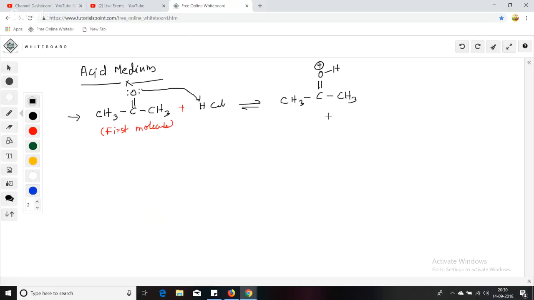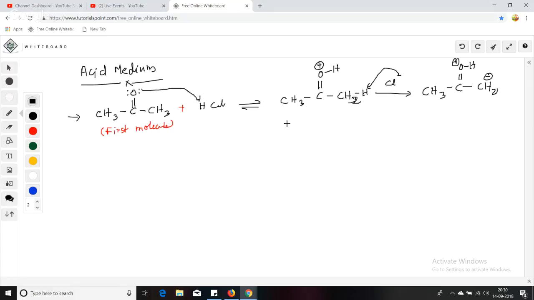Now this Cl minus takes one of the hydrogen atoms from here. If I write the hydrogen atom like this, Cl minus takes this hydrogen atom and we will get negative charge on this carbon. So we can write CH3 C double bond OH plus, single bond CH2 negative.